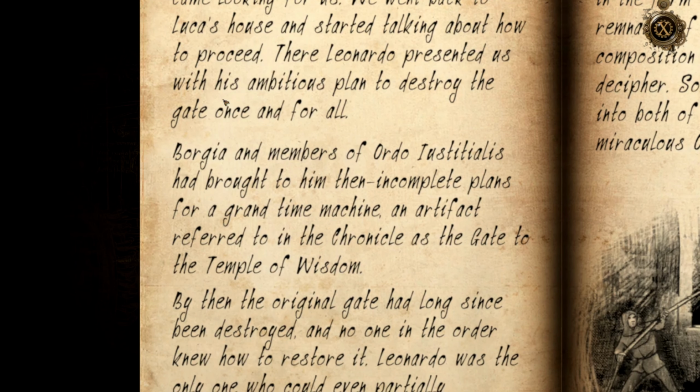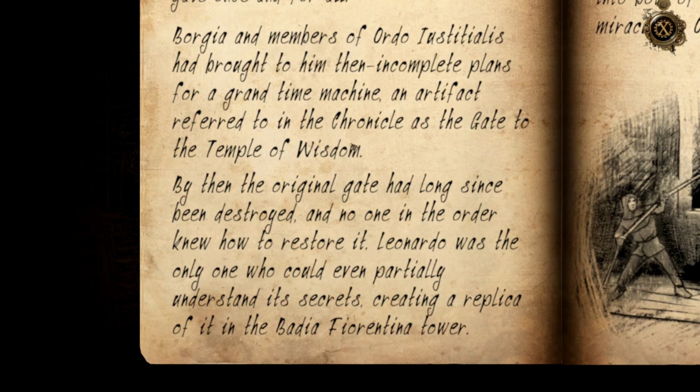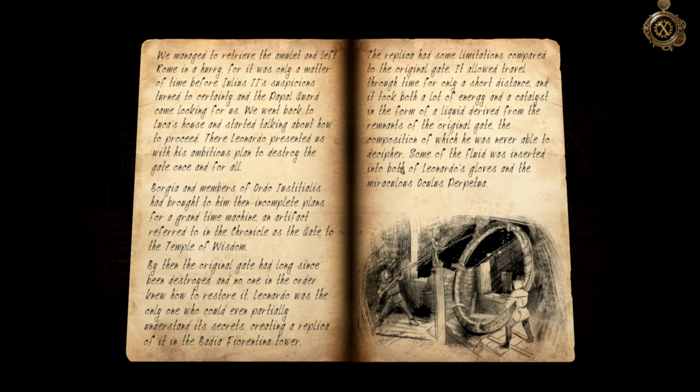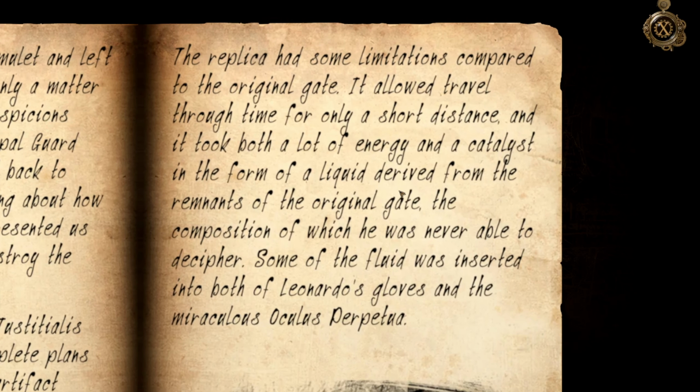Borgia and members of the Order had brought him the incomplete plans for a grand time machine, an artifact referred to in the Chronicle as the Gate of the Temple of Wisdom. By then, the original gate had long since been destroyed, and no one in the Order knew how to restore it. Leonardo was the only one who could even partially understand its secrets, creating a replica in the body of Fiorentina Tower.